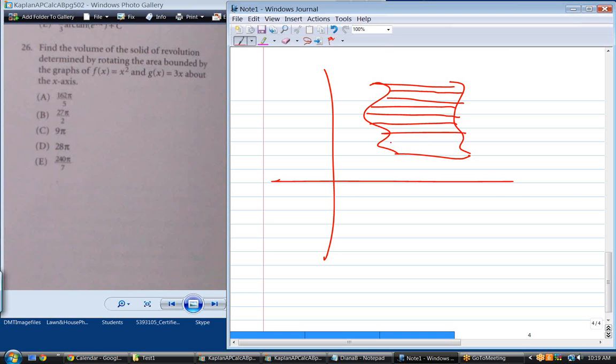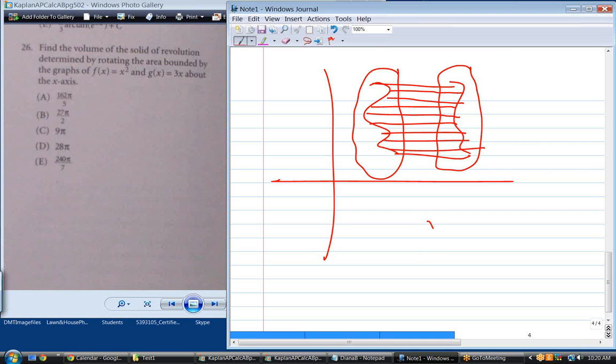Which means the skinny part of my rectangle is in this direction, which means I'm going to have to integrate this thing along the y-axis, which means each of these has to be defined as a function of y, not a function of x. These might come to you as functions of x, but you can turn it around.